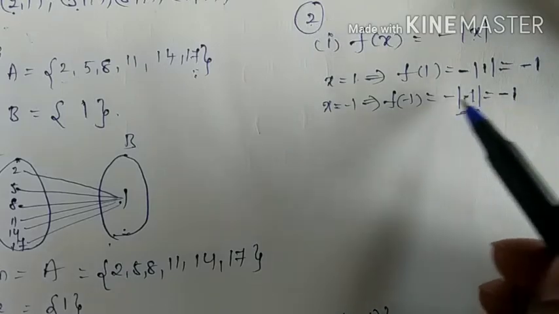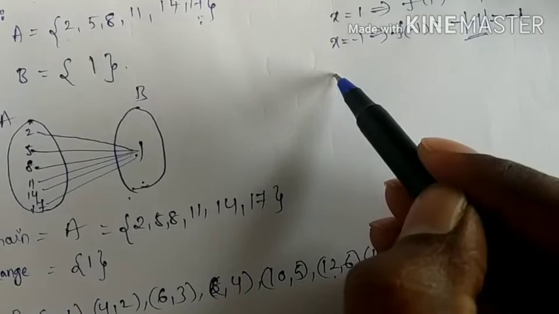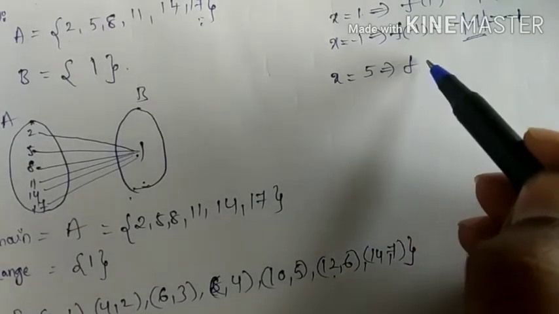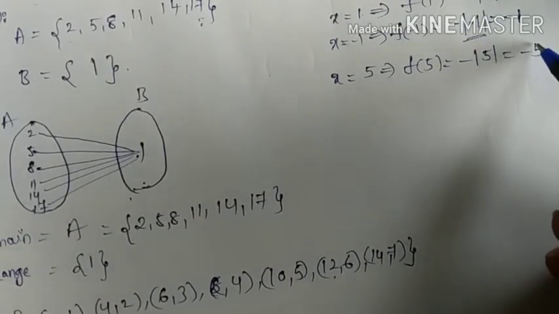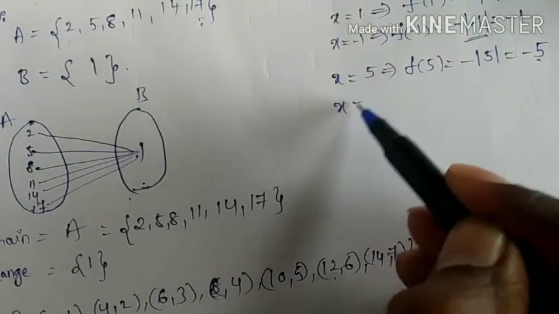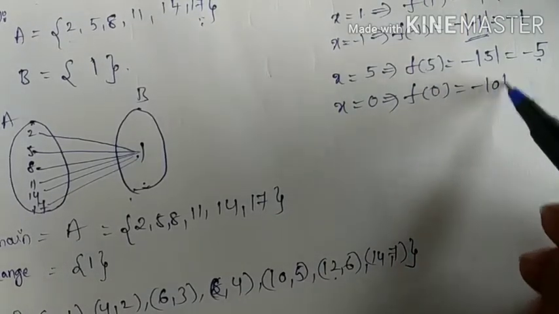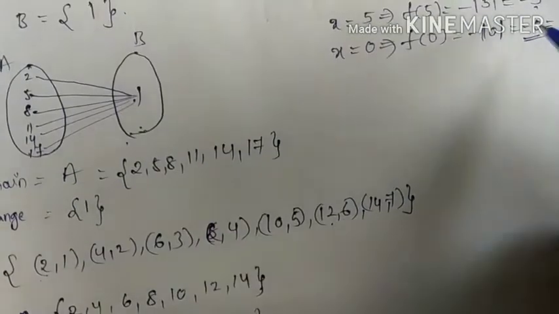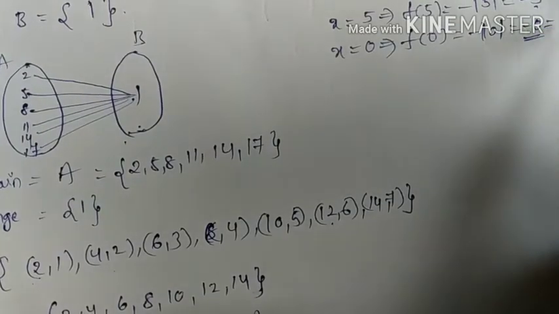If I give x equals 5, f of 5 equals minus modulus 5, which is minus 5 only. So we are always getting negative values. Suppose x equals 0: f of 0 equals minus modulus of 0. The modulus of 0 is 0, and there is no negative of 0; 0 is neither positive nor negative, so this value is only 0.